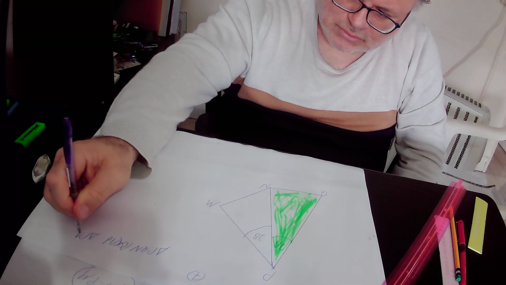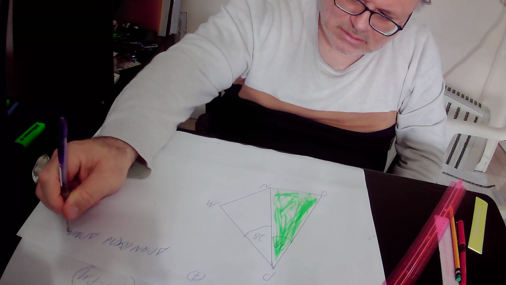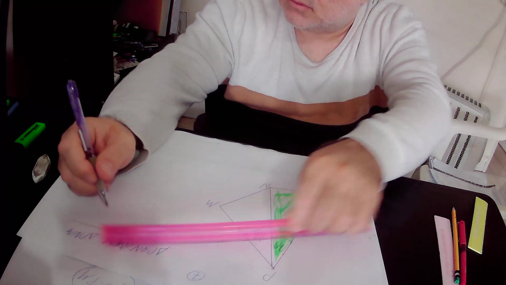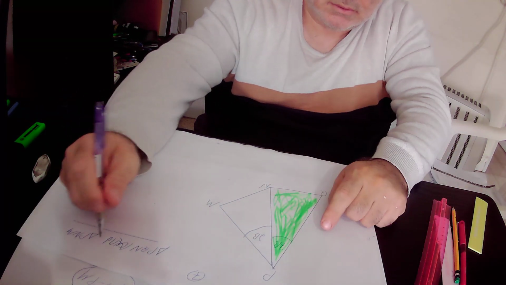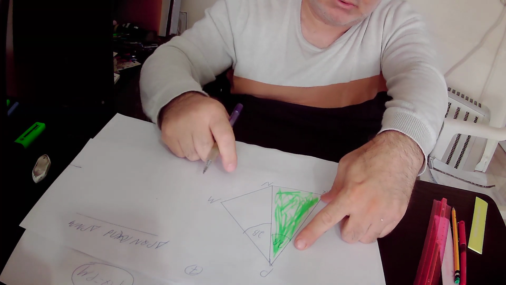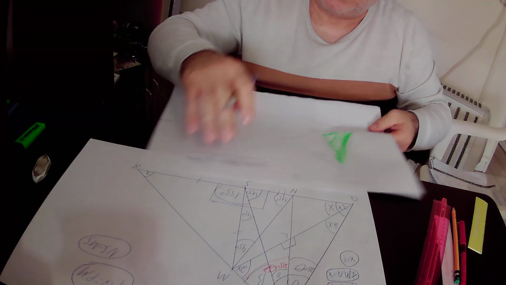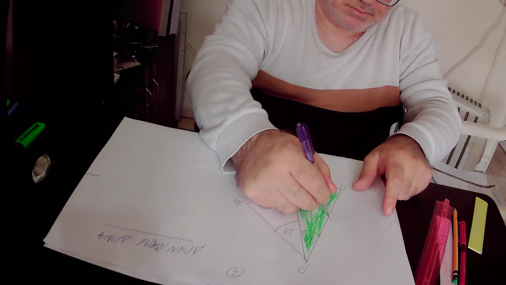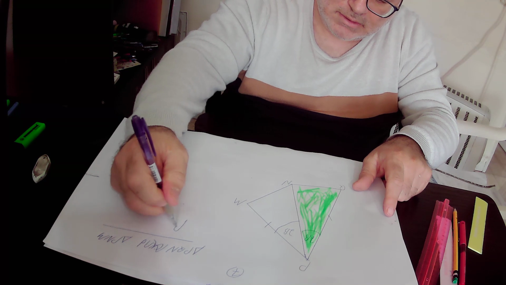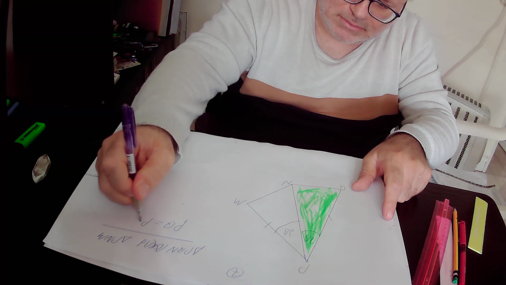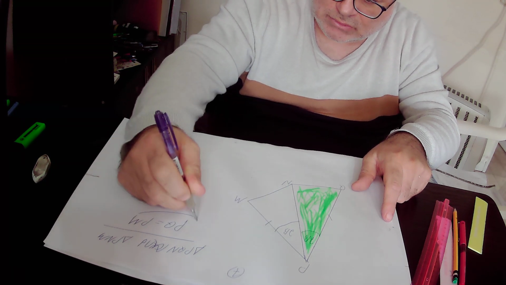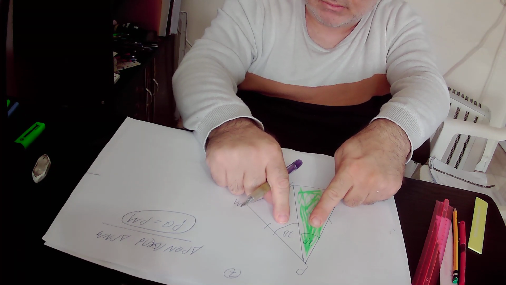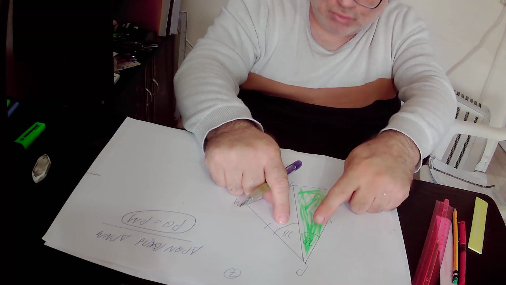So why are those two triangles congruent to each other? First of all, we have PQ equals PM. We already found out that PQ equals PM. Those two angles are equal to each other. They are both equal to 2 beta.